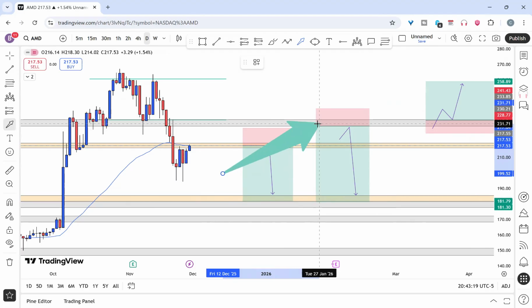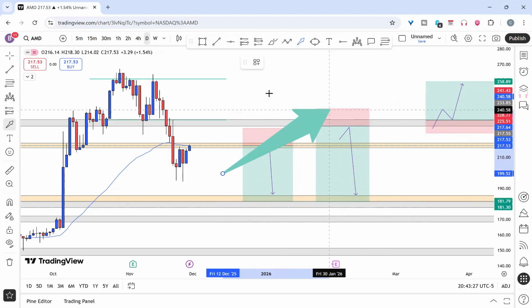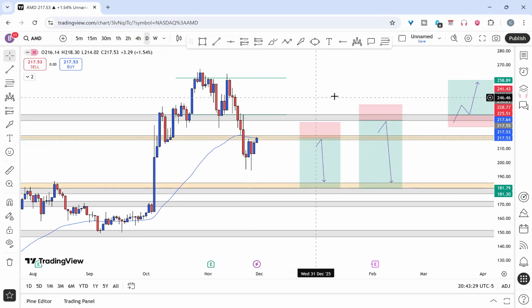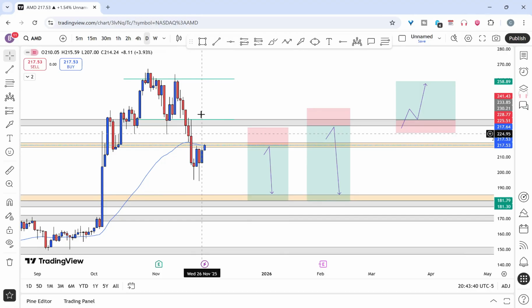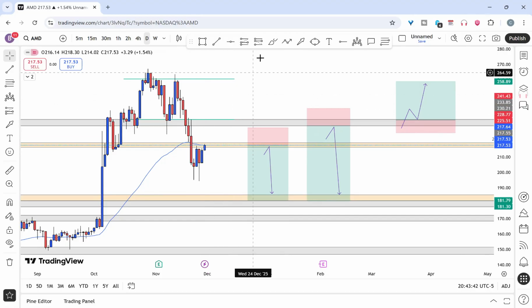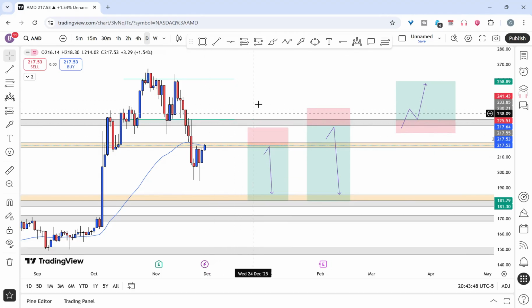If it rejects on the daily and the 4 hour level, it will come back down. So this is my analysis for right now. Let's see for 1 week where it really wants to go. I believe it takes about 1 to 2 weeks to see whether it really wants to push back up. But within a week or so, I think it is going down.